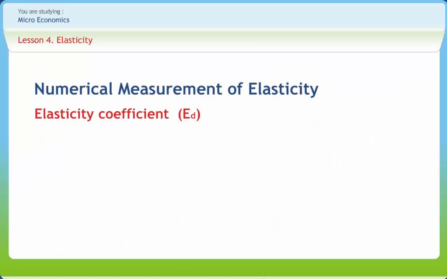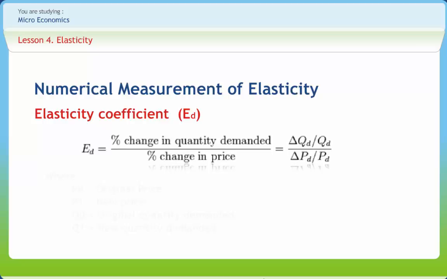The price elasticity of demand is related to but different from the slope of the demand curve. Consider the formula for calculating the slope of the demand curve. Slope equals change in price divided by change in quantity demanded. Now consider the formula for calculating the price elasticity of demand.